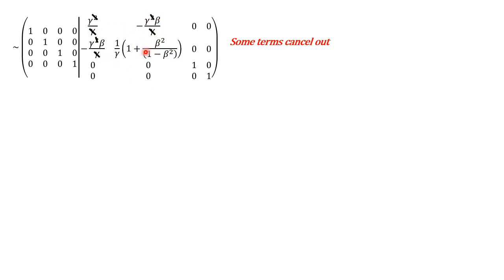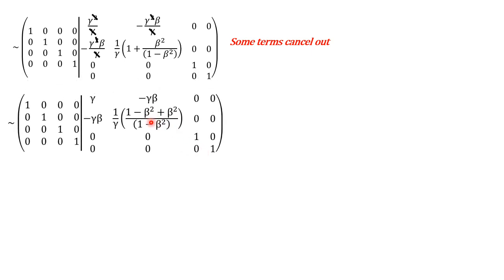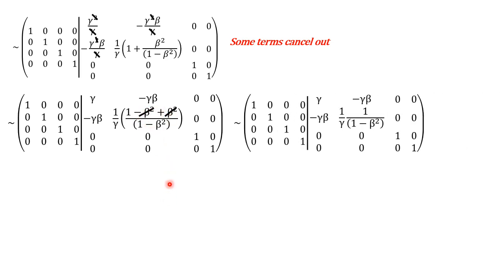Now let's concentrate on these brackets. We'll take the LCM and try to make 1 and this fraction have the common denominator, and that gives us this. So you can actually see that some terms still cancel out, as minus beta squared cancels out with beta squared. So at the end, we now have gamma here minus gamma beta 1 on gamma, and this term here.